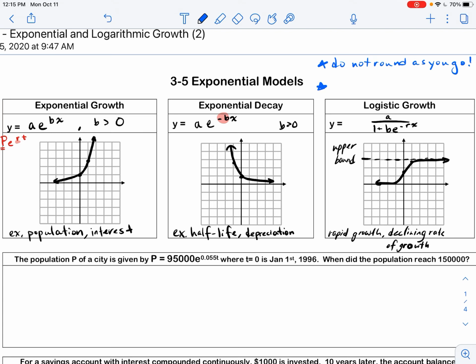And then secondly, we want to answer in complete sentences in the context of the problem.